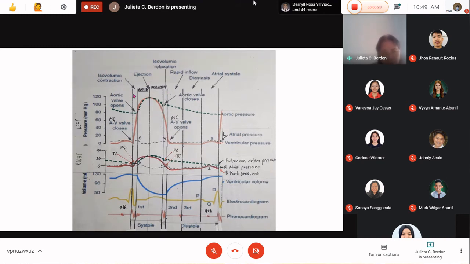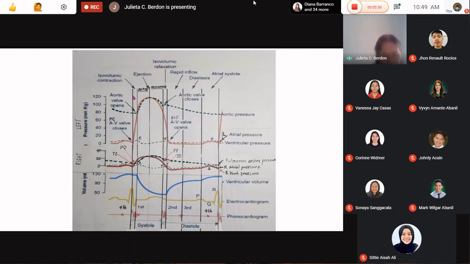All right, and then another asynchrony is the onset of contraction of the left ventricle. Onset of contraction of the left ventricle precedes that of the right, meaning it occurs earlier than the right ventricle. Why? Because the depolarization of the left is earlier.